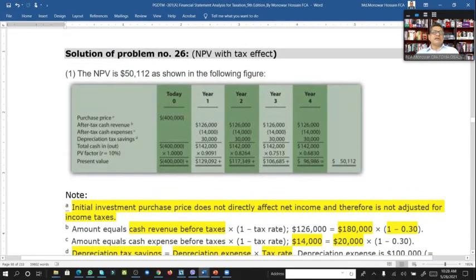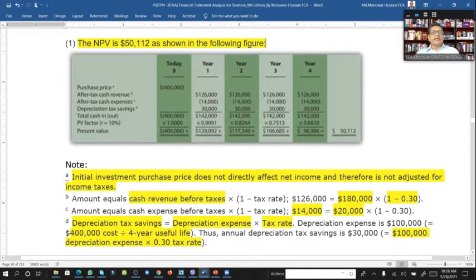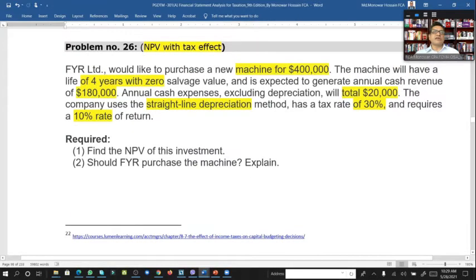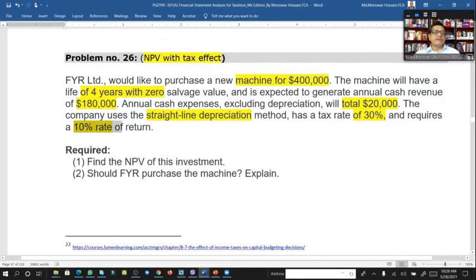So here we calculate NPV as shown in the figure. This is now the total cash in and out. In year 0 it is 4 lakh outflow, and the first-year inflow is 1,42,000. In the same way, the second, third, and fourth years are also 1,42,000. Now we have to multiply with the present value factor at the rate of 10%, because the question says 10% rate of return.